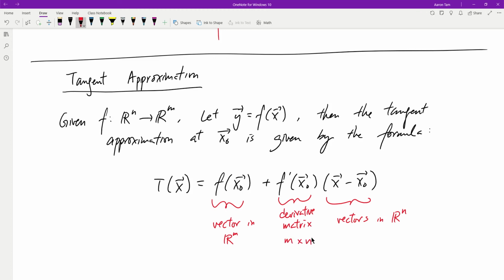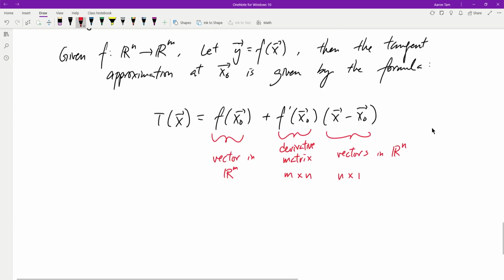So now comes the important part. If I look at this as an m by n matrix, then I'm multiplying it by a vector, and because matrix multiplication is dimension dependent, I have to represent this vector x minus x sub 0 as an n by 1 matrix.